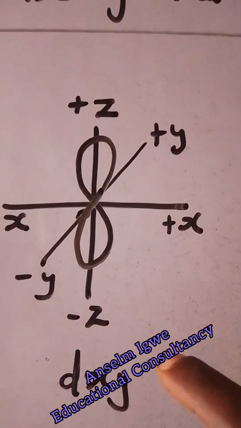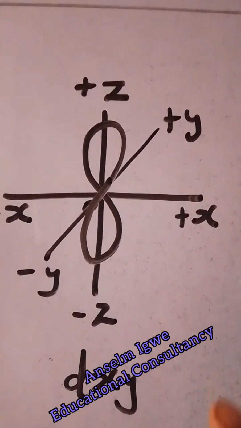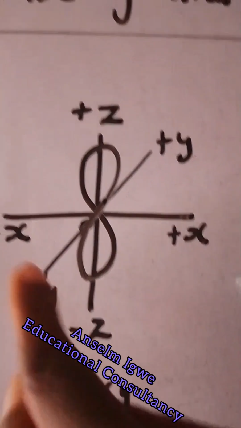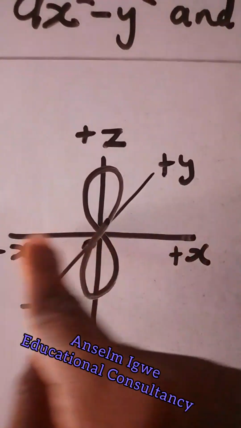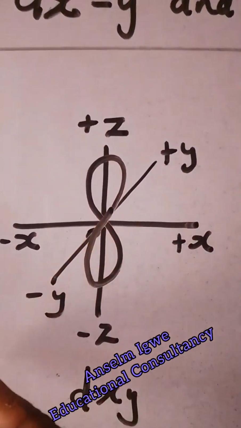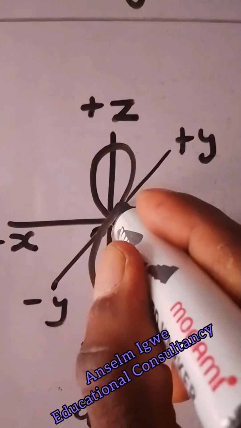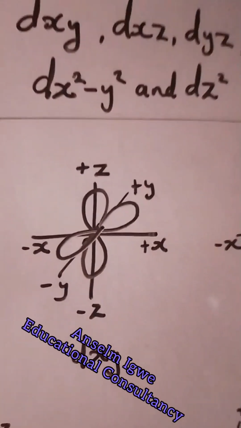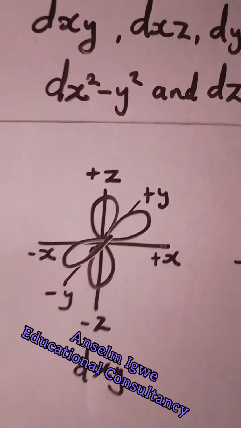Then, where do you place the second dumbbell? The second dumbbell will go in between the alphabets you are seeing already. So, this is the x-axis and this is the y-axis. In between them, you drop the second dumbbell. And this is the shape of the dxy orbital.